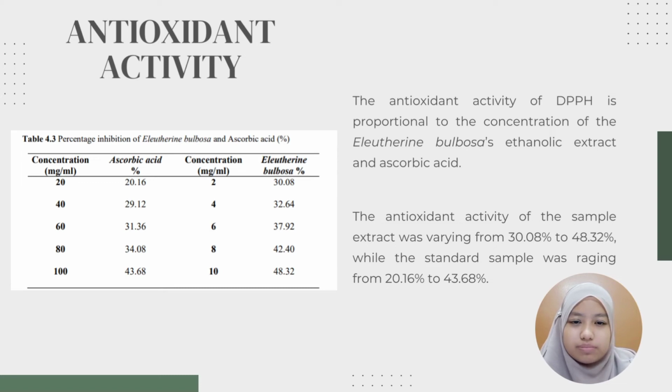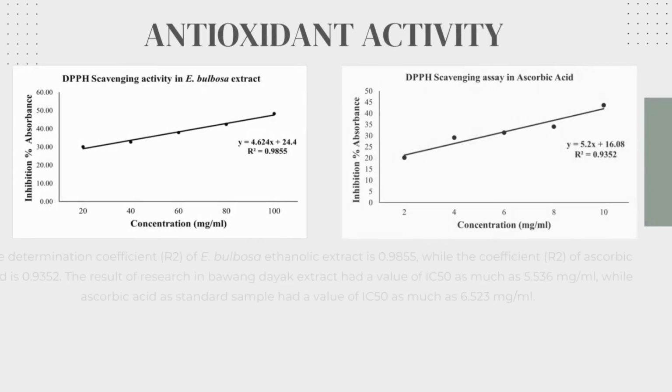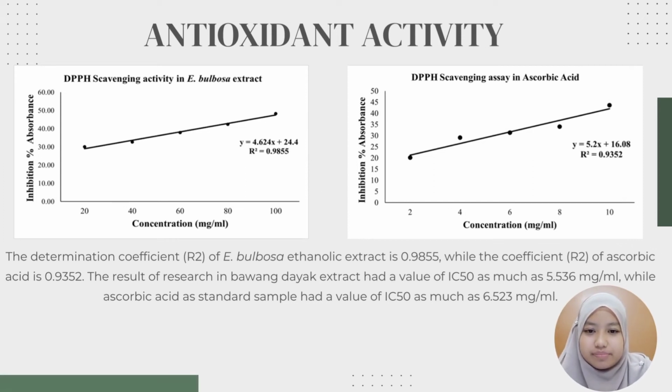When the DPPH was mixed with the extract samples, the color changed from purple to paler, caused by a chemical that adds a hydrogen atom to the DPPH radical, reducing it to a more stable form known as DPPH-H. Based on both graphs, the extract and the standard sample have high correlation values, and it also shows that the IC50 of bawang dayak extract was lower than the IC50 of ascorbic acid, proving that bawang dayak extract does possess stronger antioxidant activity than ascorbic acid.